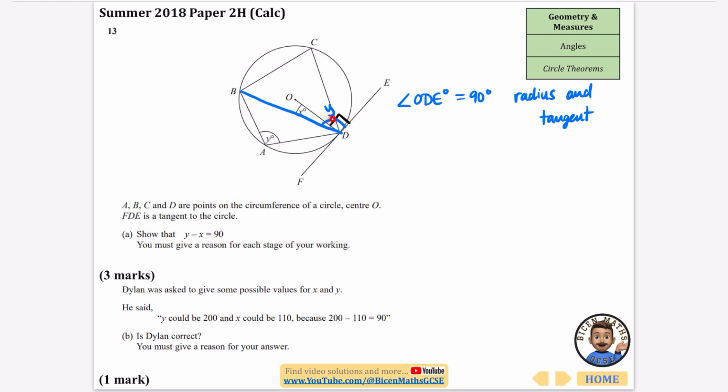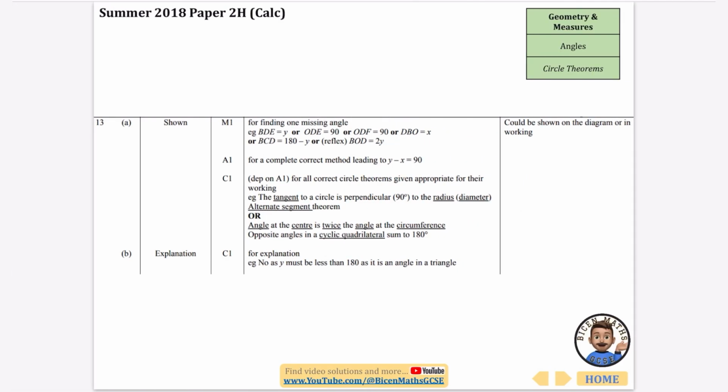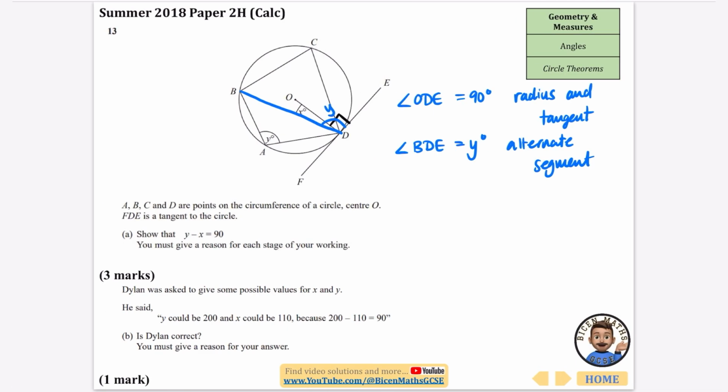This angle here with the tangent is the same as this one that's in the alternate, or the different, segment to it. So I'm now going to say that angle BDE is equal to y degrees, and the reason for that is the alternate segment theorem. So we can just say alternate segment, and we don't even need to say alternate segment theorem. You can see here it just wants us to say alternate segment as the bare minimum.